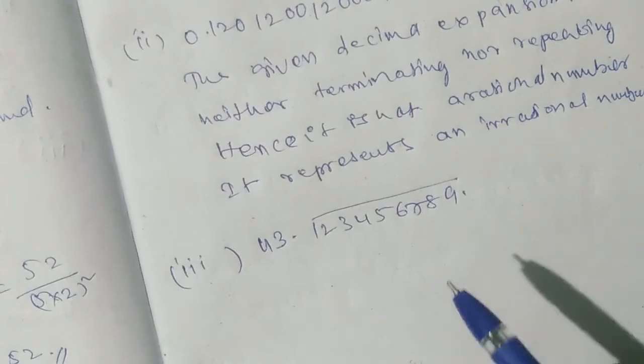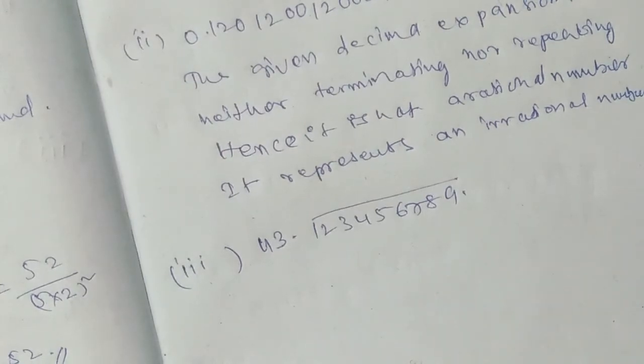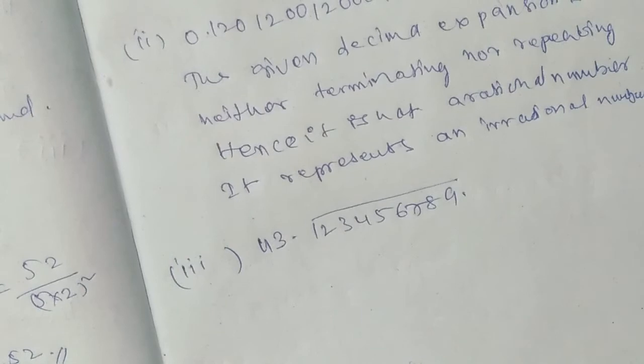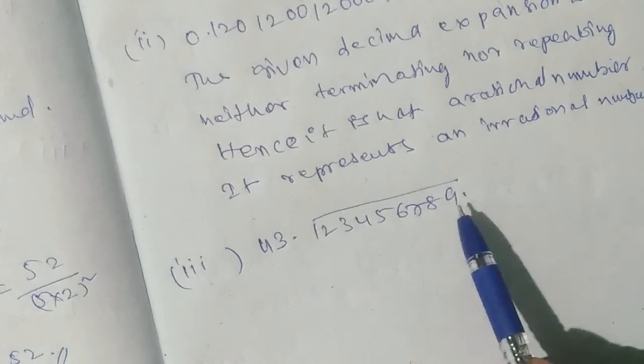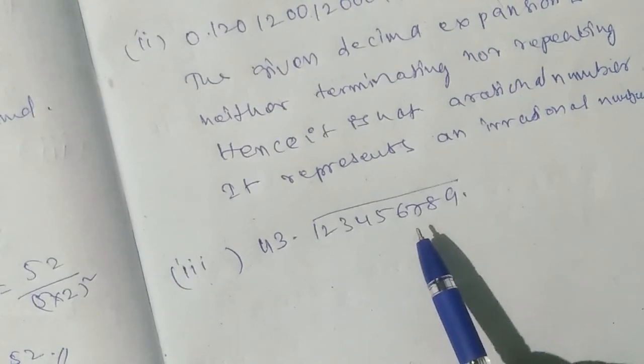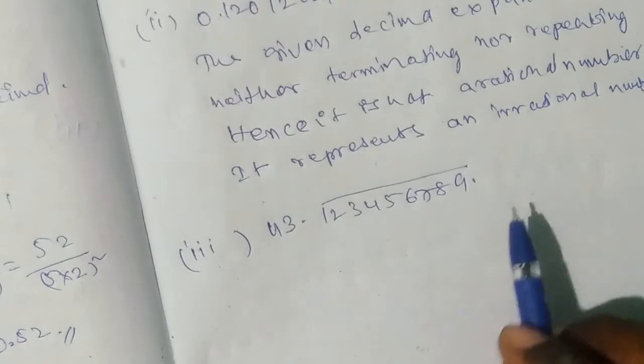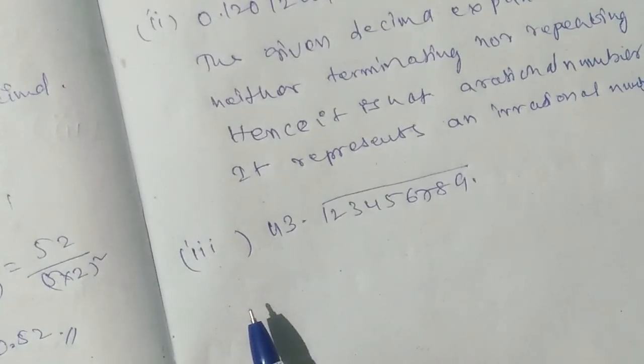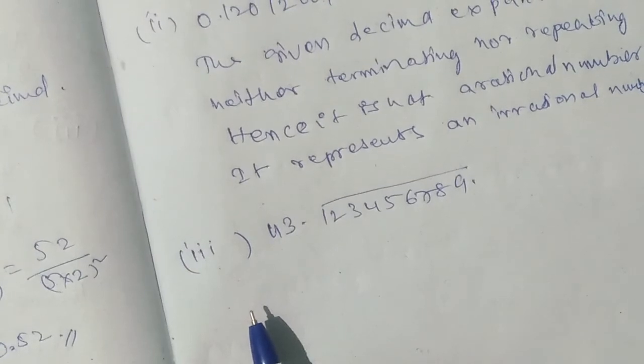If it is expressed in form of p by q, it is a rational number. Okay, so it is a repeating decimal, whose denominator is a form of 2 to the power of n and 5 to the power of n.